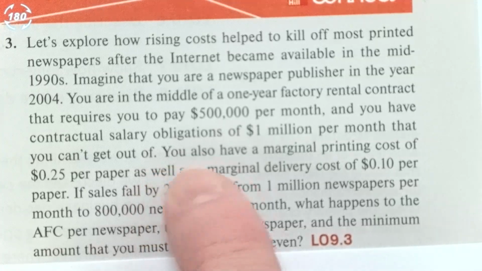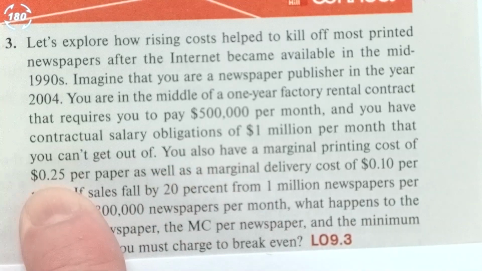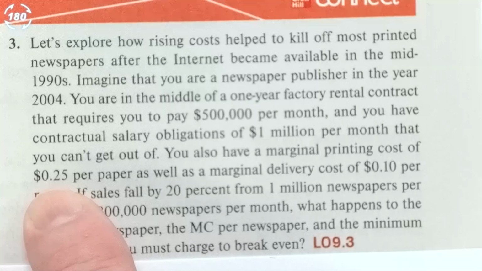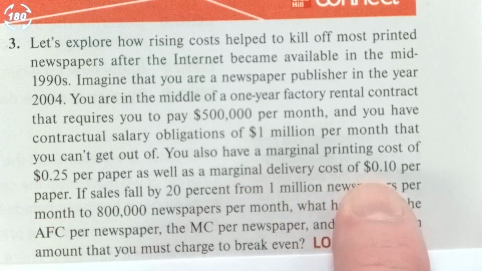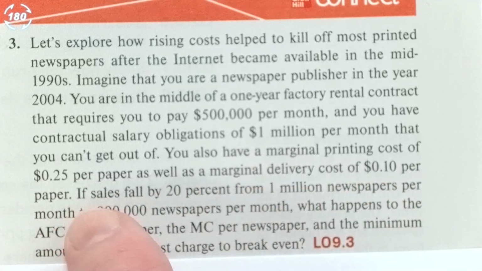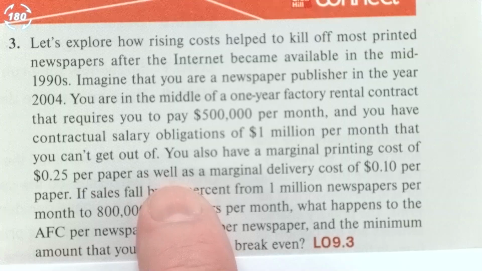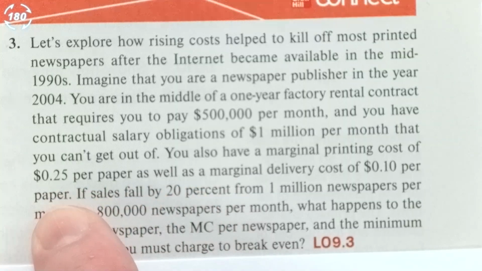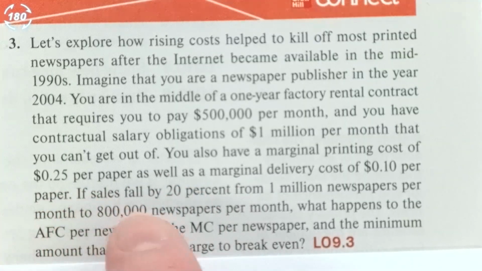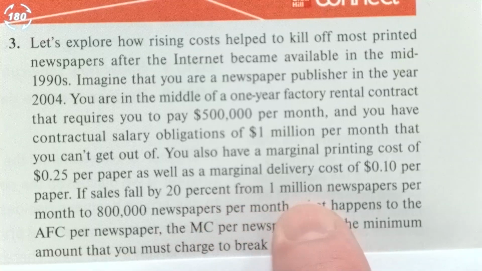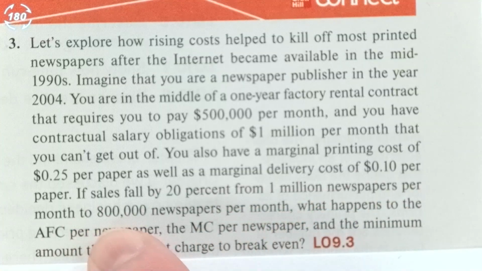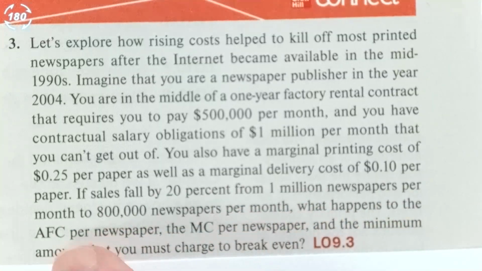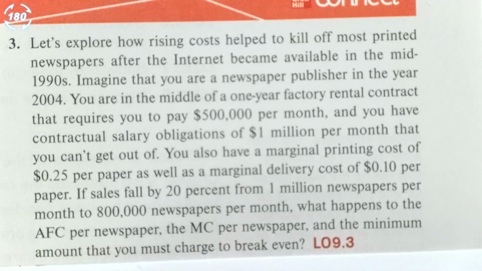You also have a marginal printing cost of 25 cents per paper, as well as a marginal delivery cost of 10 cents per paper. So you realize that marginal printing cost, that's the paper and the ink and all that. If sales fall by 20% from 1 million to 800,000 per month, what happens to the average fixed cost per newspaper, the marginal cost per newspaper, and the minimum amount you must charge to break even?